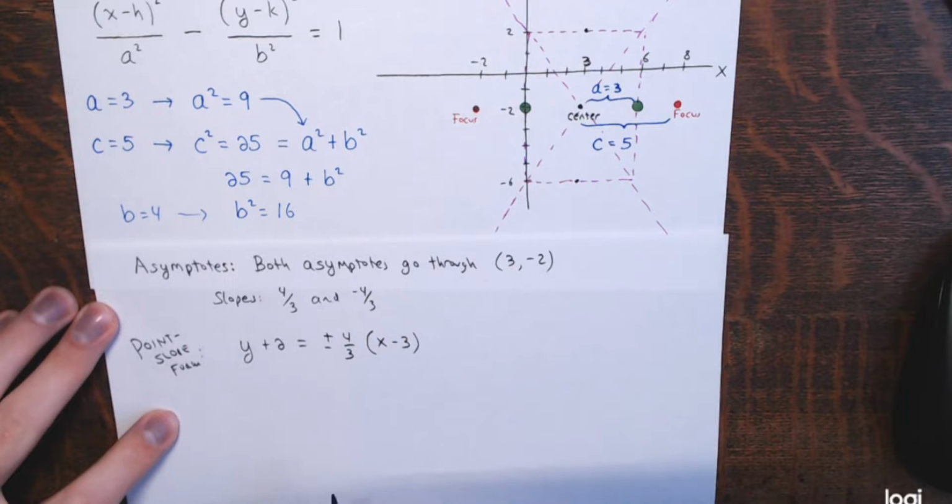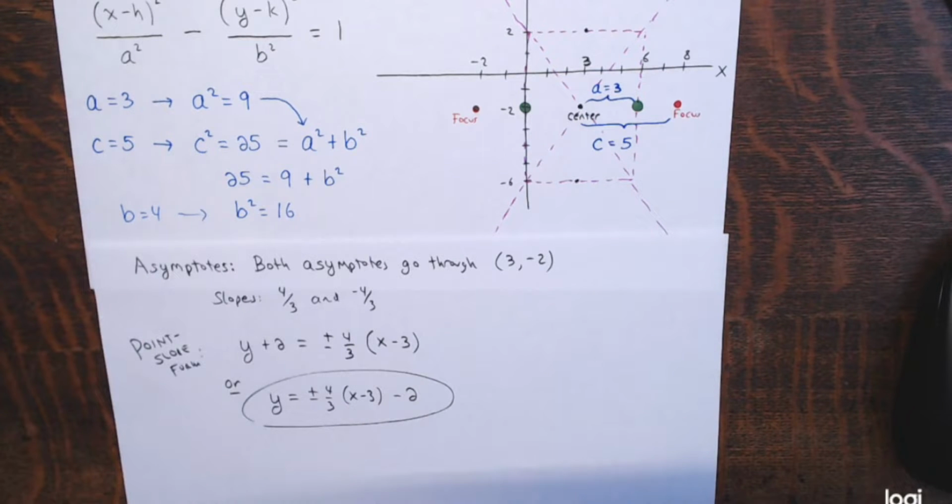And then they're having you solve for y by just subtracting 2 here, or y equals plus or minus 4/3 times the quantity x minus 3, and then minus 2. They're having you write the equations like that. And you'll see that in the assignments and whatnot, in the problems.